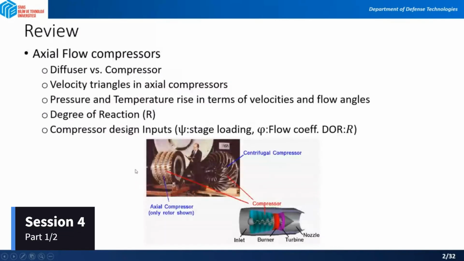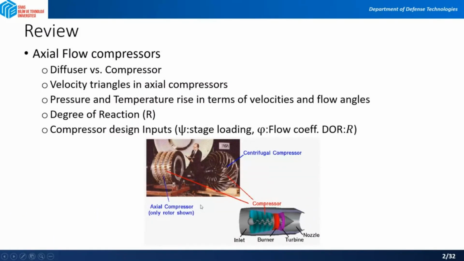Let's have a review from the previous session. Previously, we started the axial flow compressor, and we saw the difference between diffuser and compressor there.